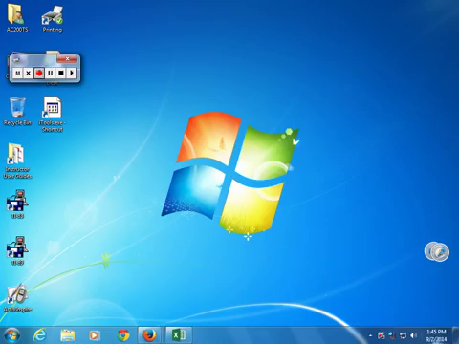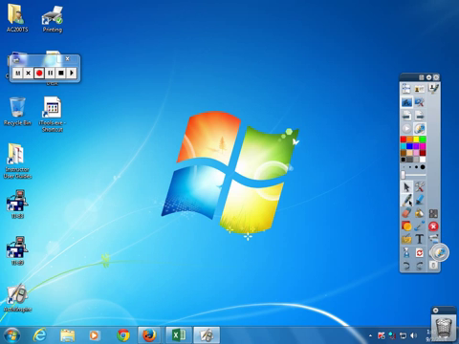This is really bothering me because I'm going to have to try to use this program, and I'm not really keen on using it. There it is.